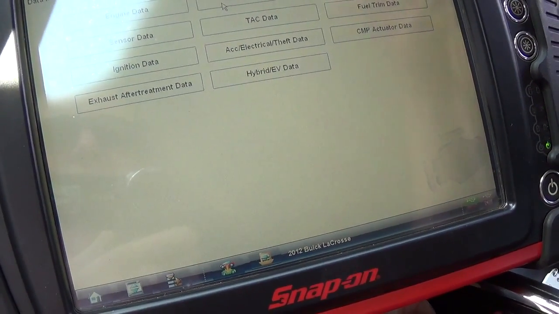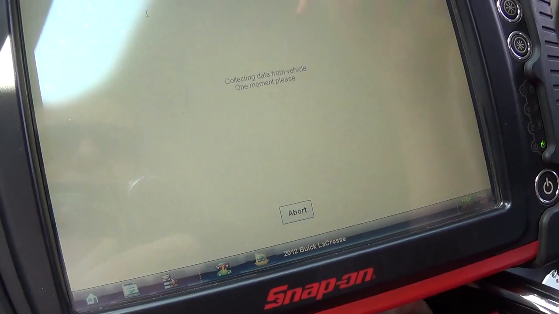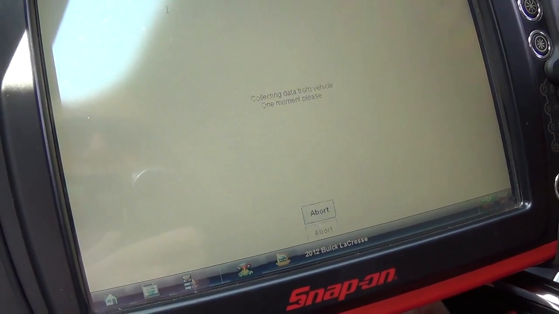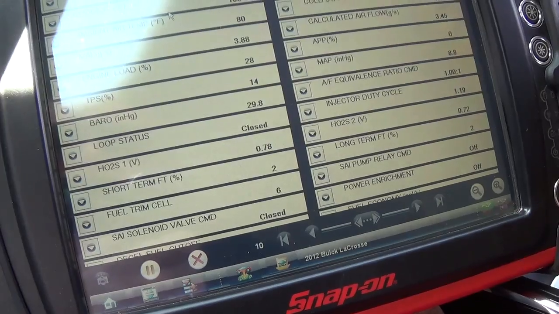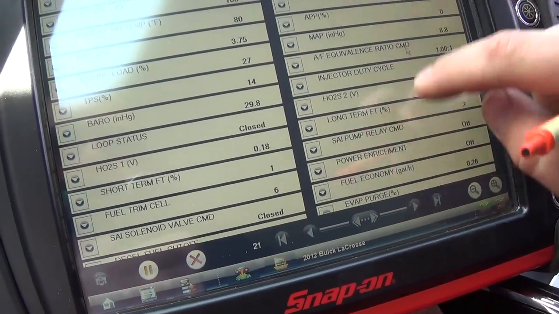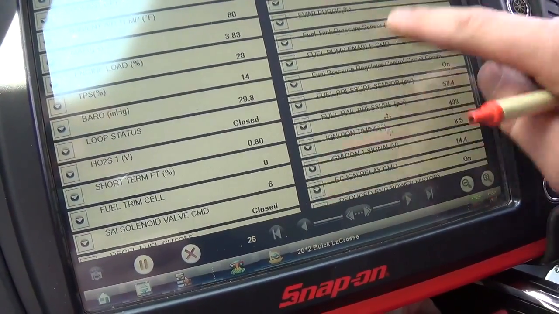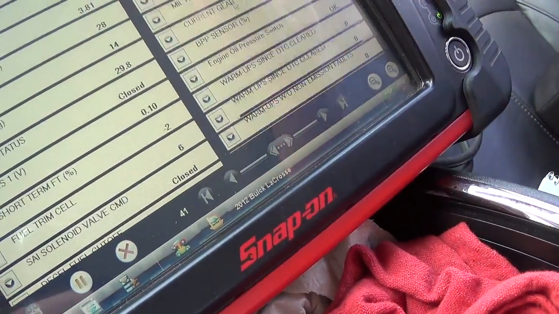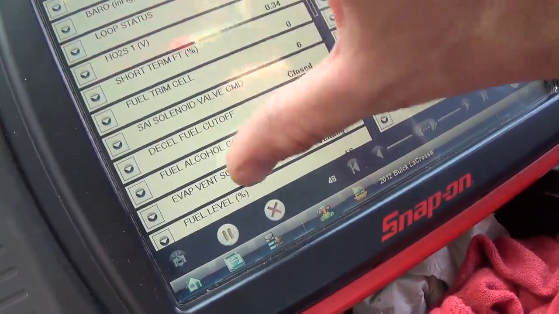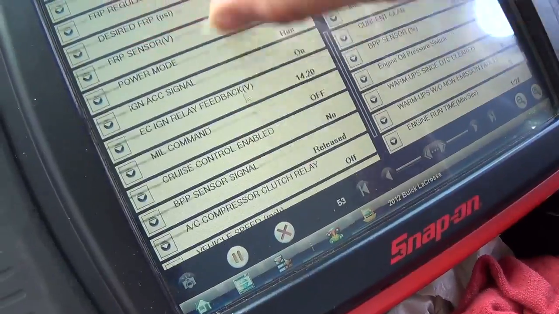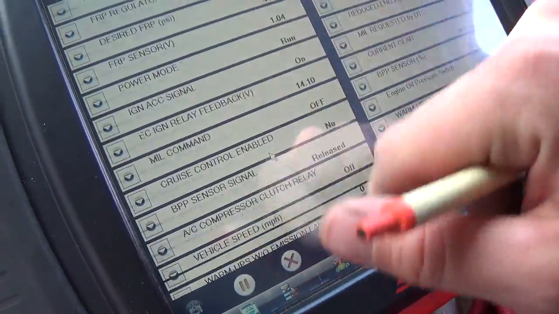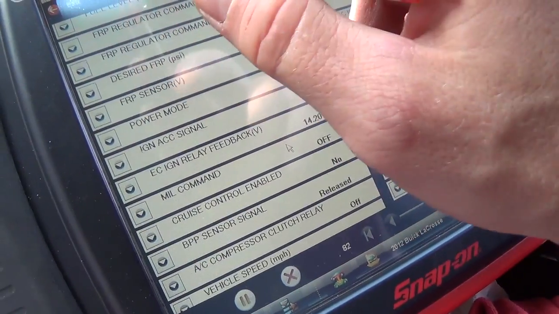I don't know what we want to look at here. Engine data. Oh man, we have a lot of data here. Engine runtime. Alright, let's take it for a spin.